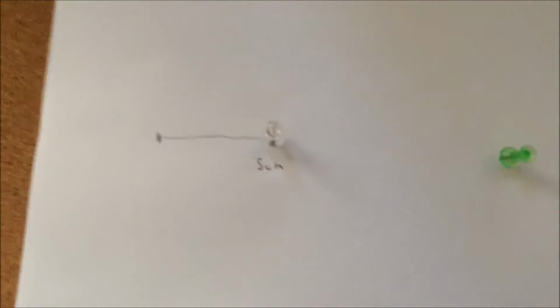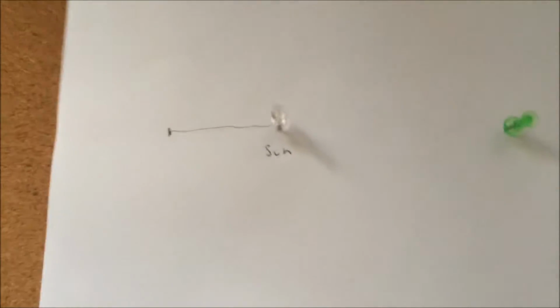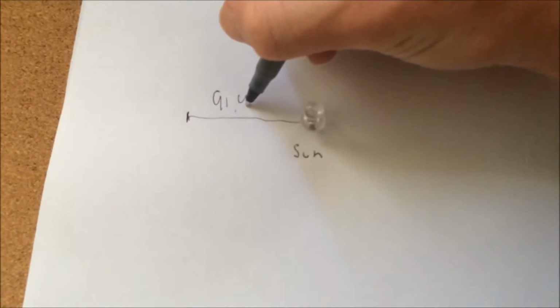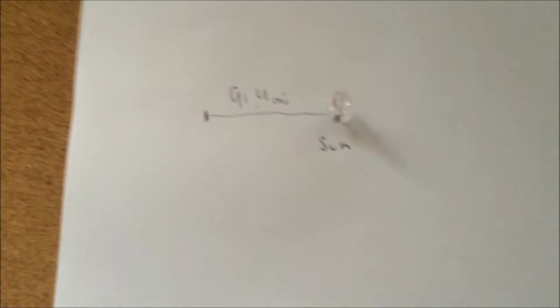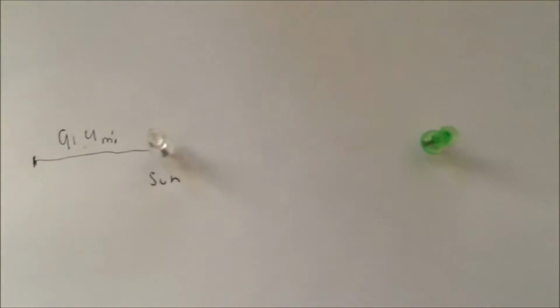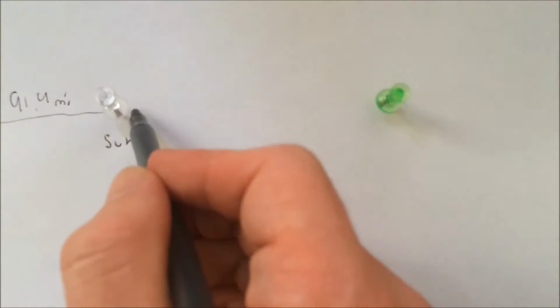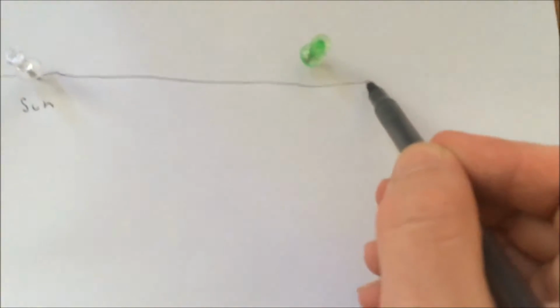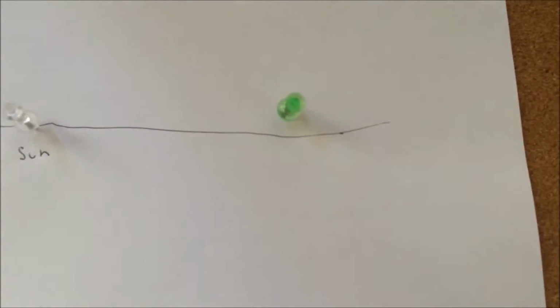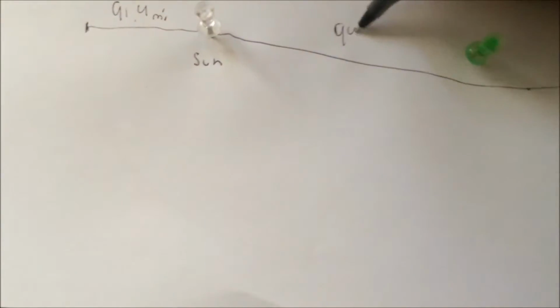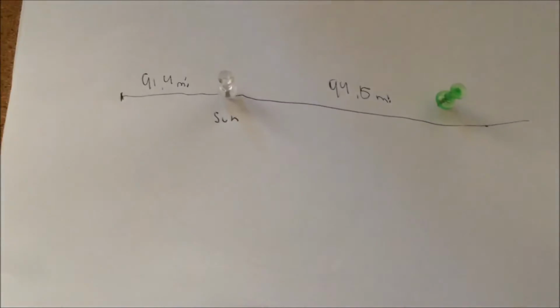Of course, this value had to be found through research, and I know that it is 91.4 million miles away. Next, we need to make it so that the other edge of our ellipse is an aphelion distance away, which we know is 94.5 million miles away.